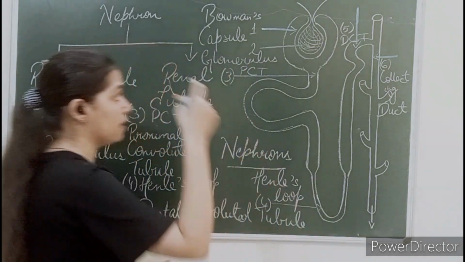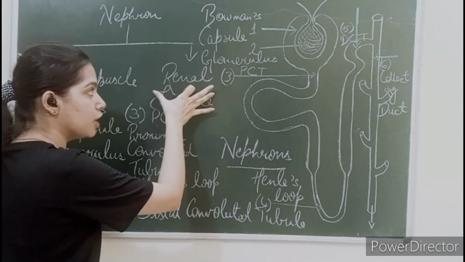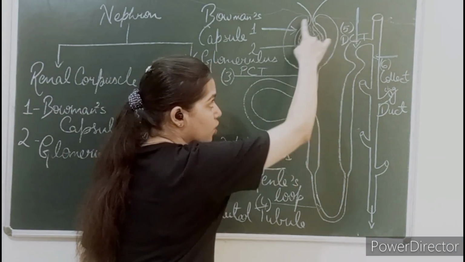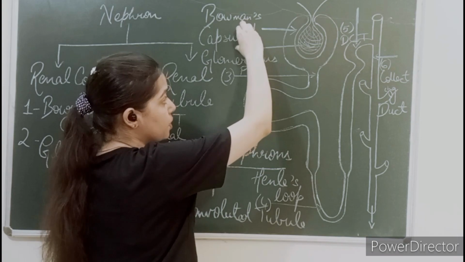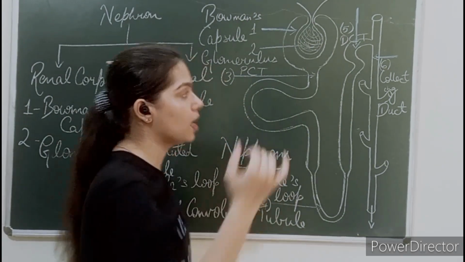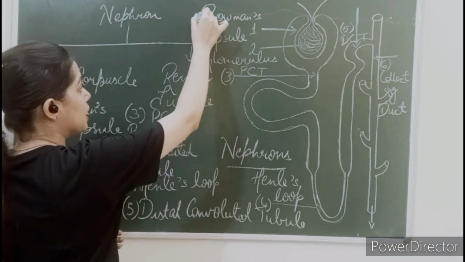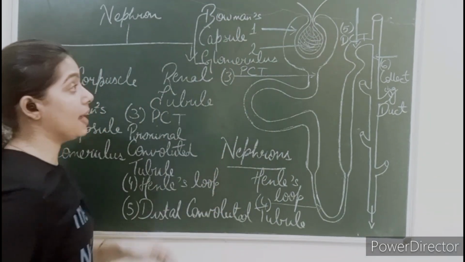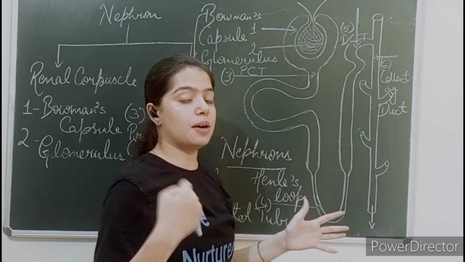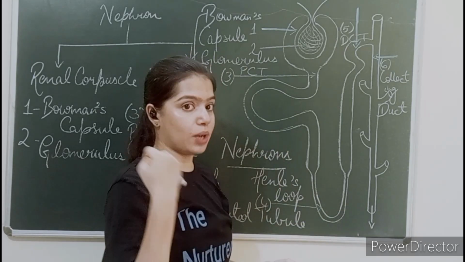We will revise again. The nephron is divided into 2 categories, the renal corpuscle and the renal tubule. This 1 and 2, the double cup-like structure, is called the Bowman's capsule, in which there are microscopic thin-walled capillaries called glomerulus. Together they make the renal corpuscle, followed by the renal tubule. This coiled tube-like structure is termed the renal tubule, which is divided into 3 parts according to class 10.